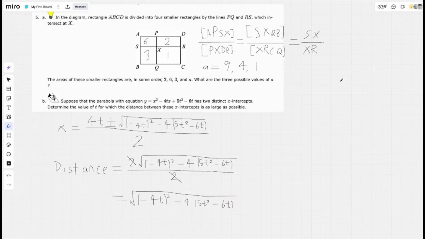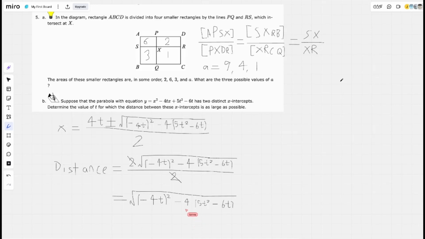Okay. So how do we, this is what we want to maximize. Yeah, as in the problem statement, you want to make the distance between these x-intercepts as large as possible.